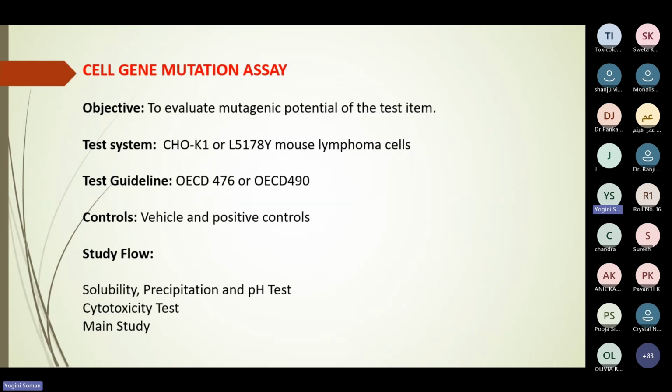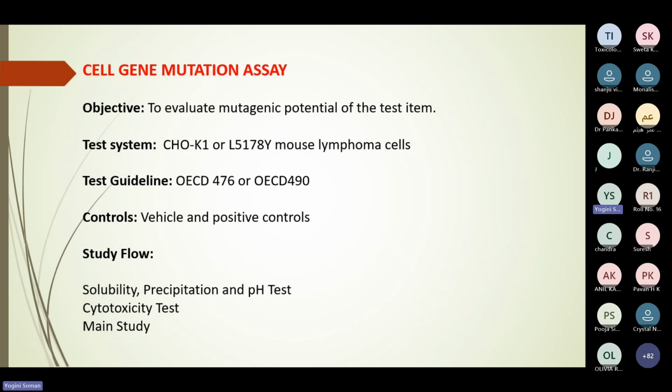For the mouse lymphoma mutation assay, if the relative total growth is between 10 to 20%, you can select that concentration for the main study. For example, if the percent relative survival is greater than 30% for 2000 microgram per ml, you can directly select that concentration for the main study.